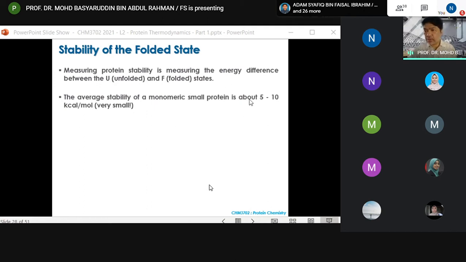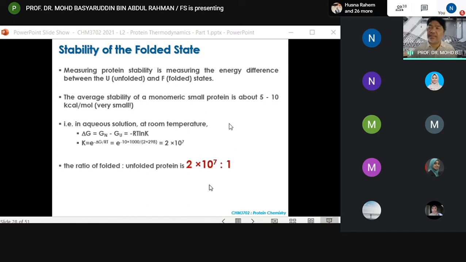As I mentioned just now, the difference is very small, between 5 to 10 kilocalories per mole. If you jog about 100 meters, you can already burn about 5 to 10 calories. Well, basically to burn 100 calories is not that easy.